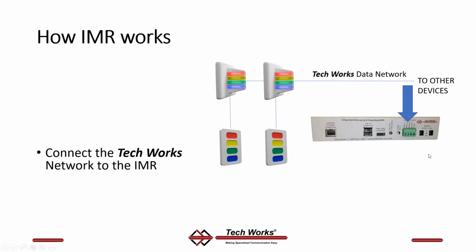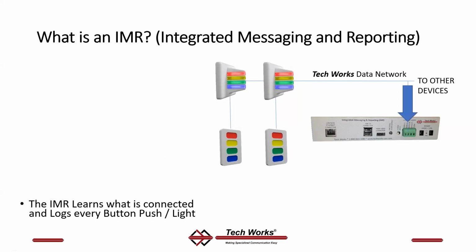It connects to the IMR via this Euro connector, as we said. Again, when you connect your CC2 devices or your NC series network to this connector, it does not provide power back to your field devices. This is only a data input for the IMR.